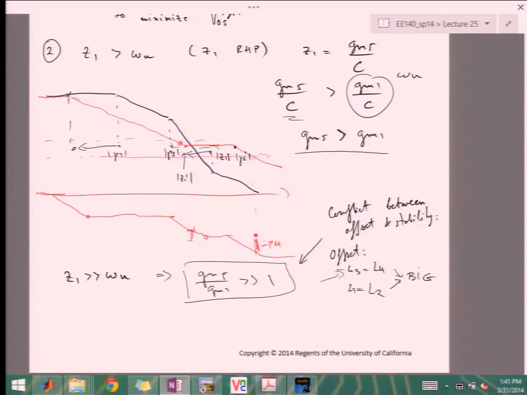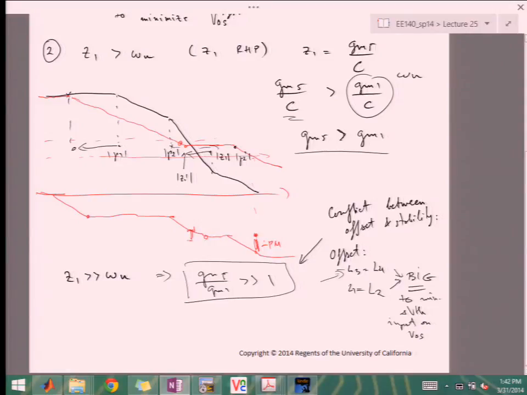When we looked at the random offset, the bigger the L's, the smaller the input offset you would have. For that reason, you want them big to minimize delta VTH impact on VOS.